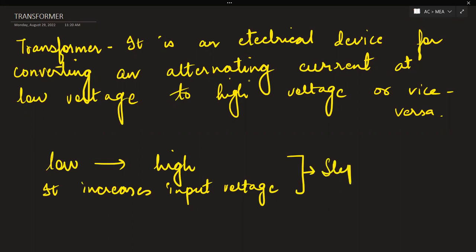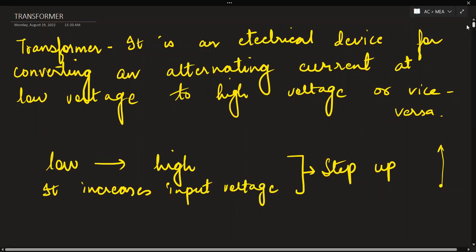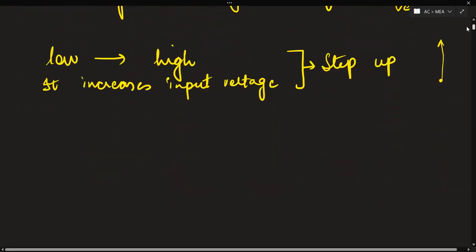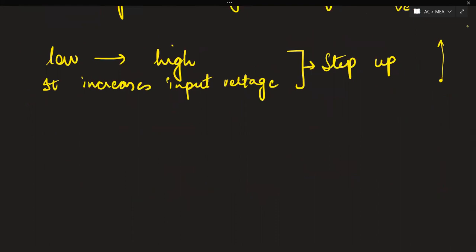Step up. You can remember step up by something that is going up. So here what is going up? The voltage is going up. So from low to high, voltage has increased. The input voltage increases. That's why the name is given step up transformers.